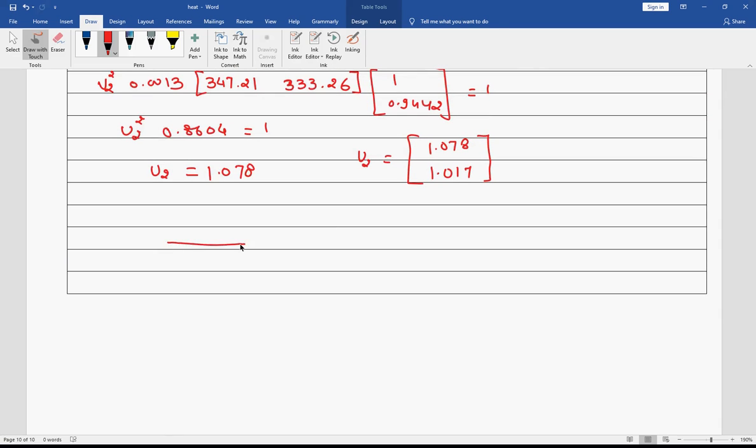So now I can draw the second mode shape. 1, 2, 3, so I just extend this, 4. Both are almost at a lower level, just a little lower.